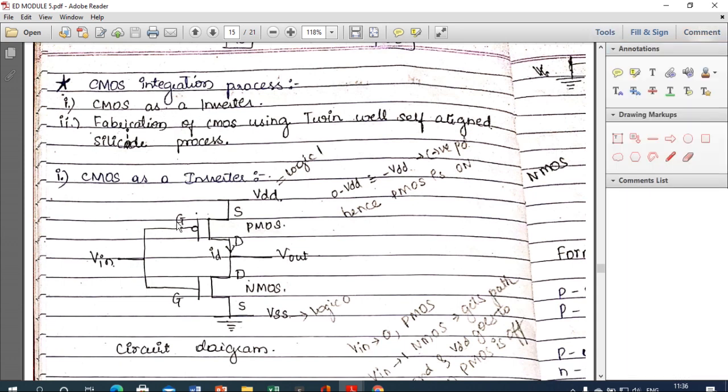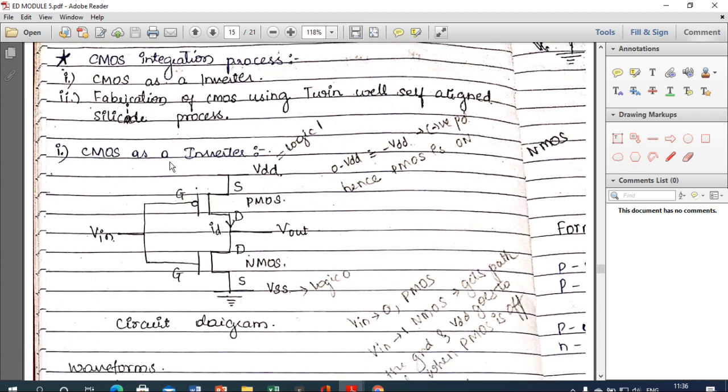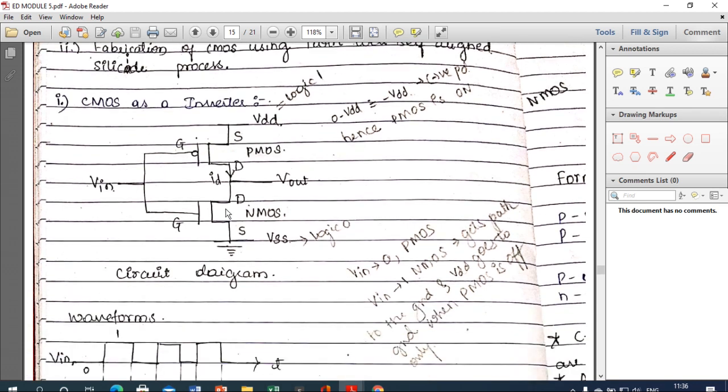So now how it works and what are the components which are used in this topic. So first, what is CMOS? CMOS is nothing but a complementary metal oxide semiconductor.